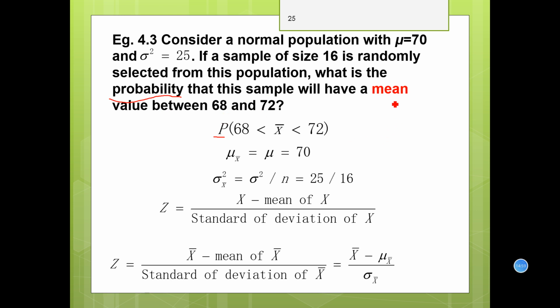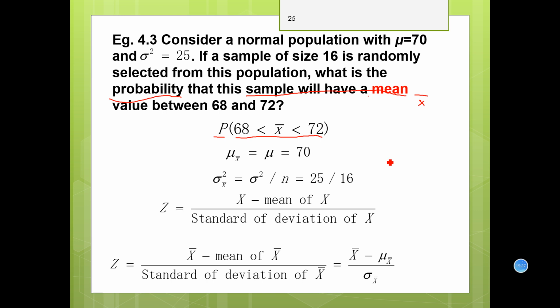So here we can find that the sample mean means x bar. So it means we need to know the probability when x bar is between these two numbers. So that means what is the probability when x bar is more than 68 and less than 72?